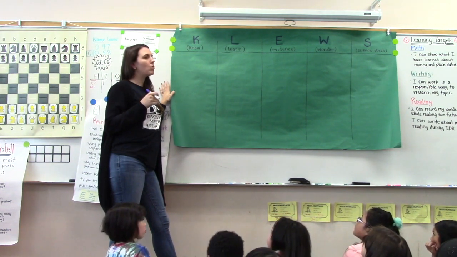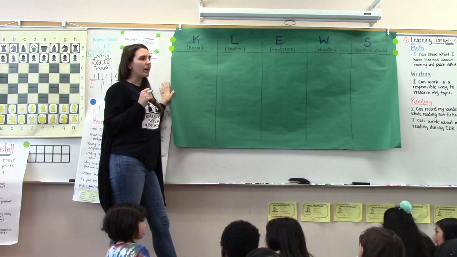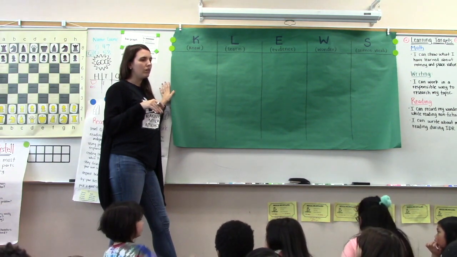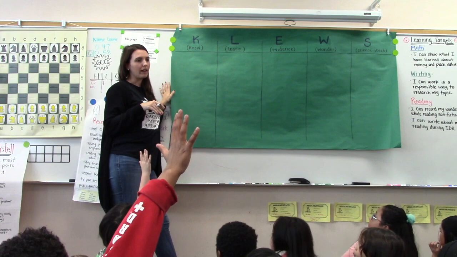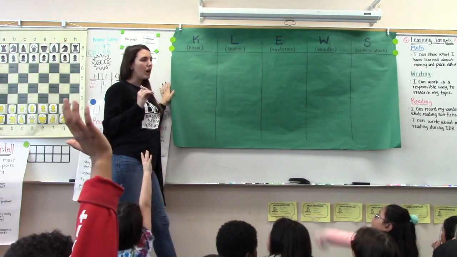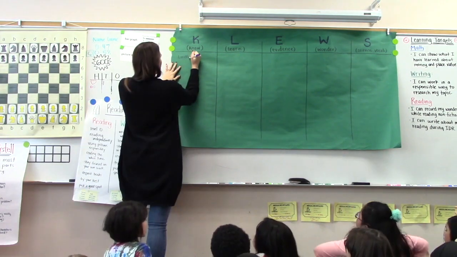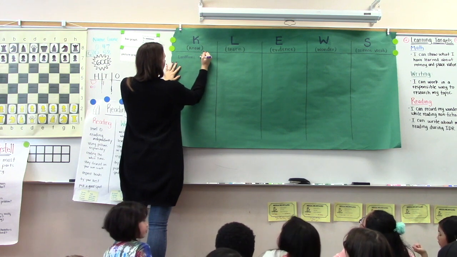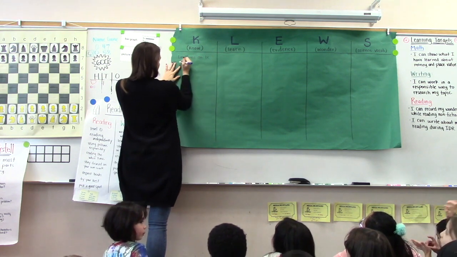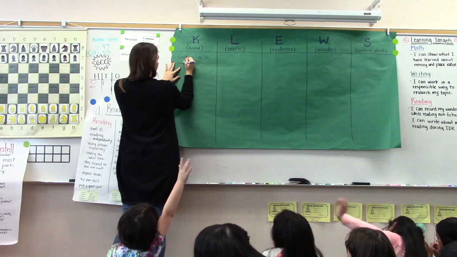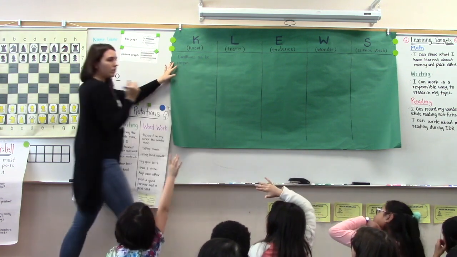Okay, let's roll it back. Can you guys tell me about some landforms that we know about? Let's have a quiz. Yeah, let's roll it back and have some clues. What landforms do we know about? Landforms can be canyons. What else?